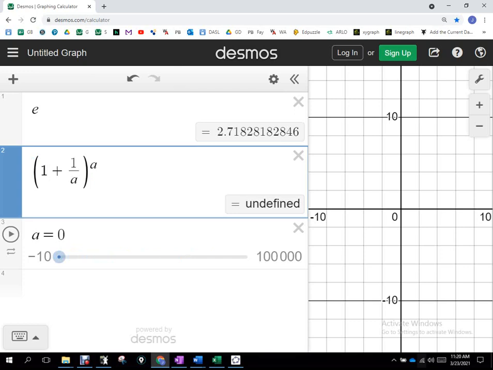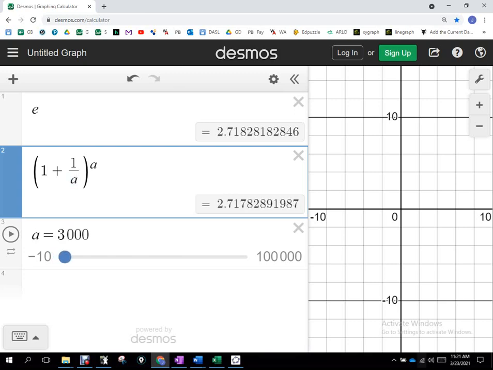That's very similar to the function that we used when we started doing the compound interest stuff, where the A is ultimately the number of compounds that get done to an account. Obviously if A is 0, we get division by 0, so it's undefined.